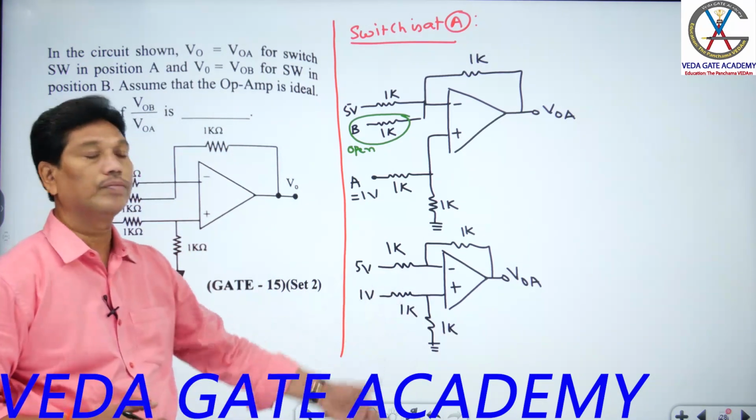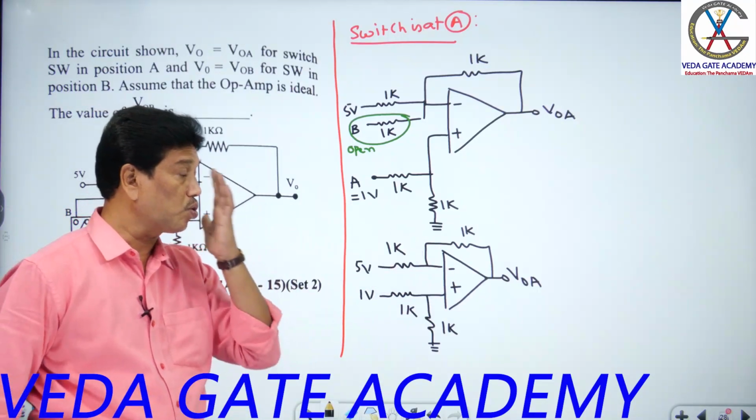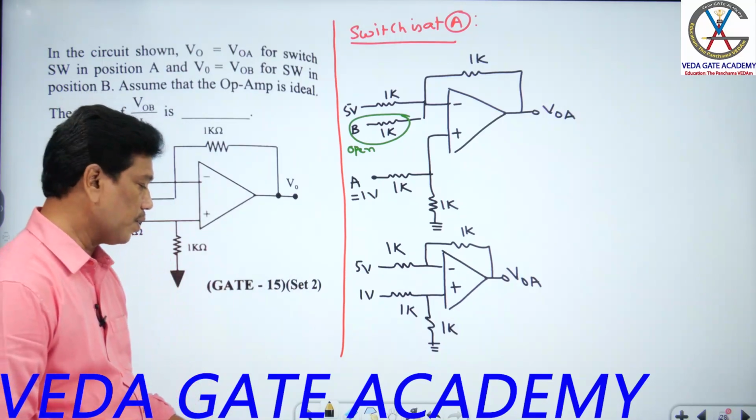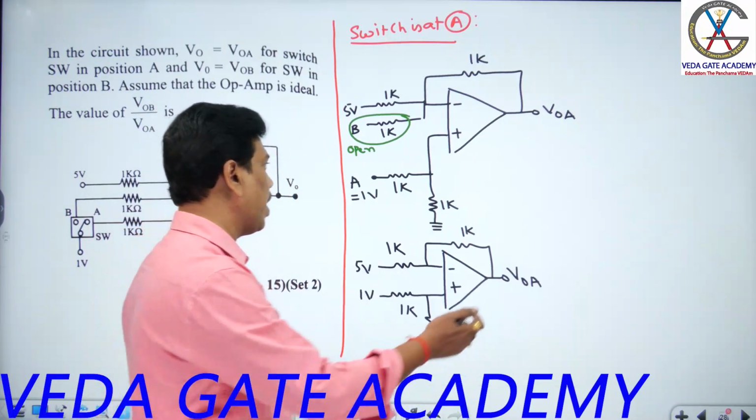Sir, both inputs are present and it is a closed loop. Can I apply the superposition principle to get V0 A?